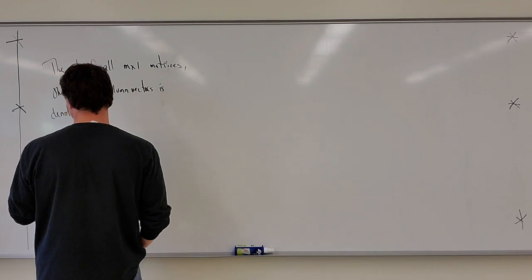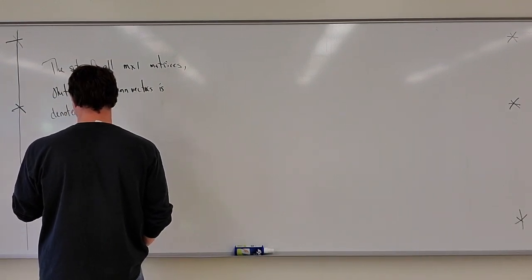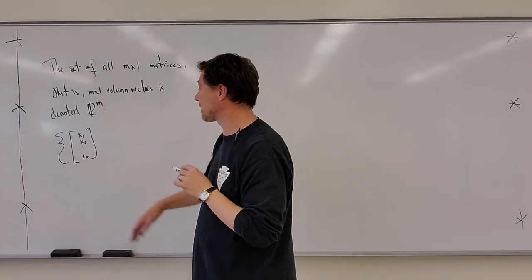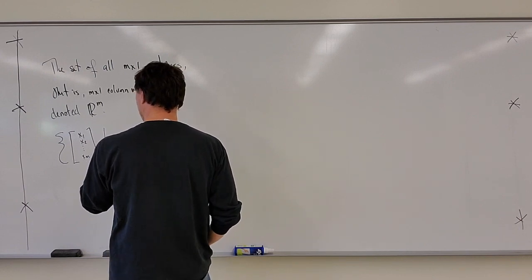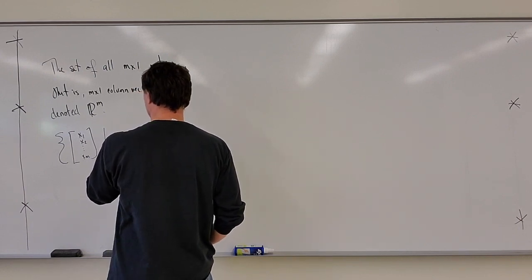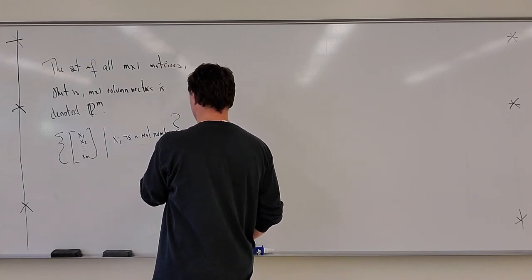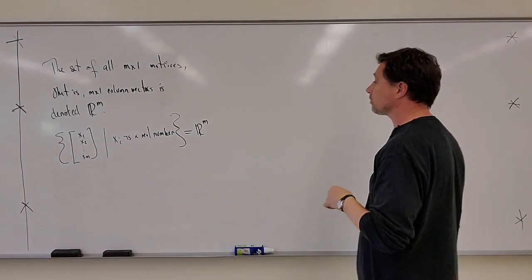So Rm looks like this. Column vectors, the collection of all possible column vectors with m entries, where each x sub i is a real number. That is the set Rn.